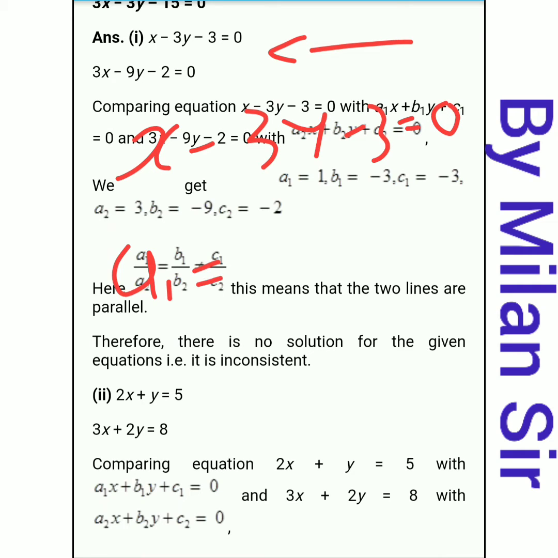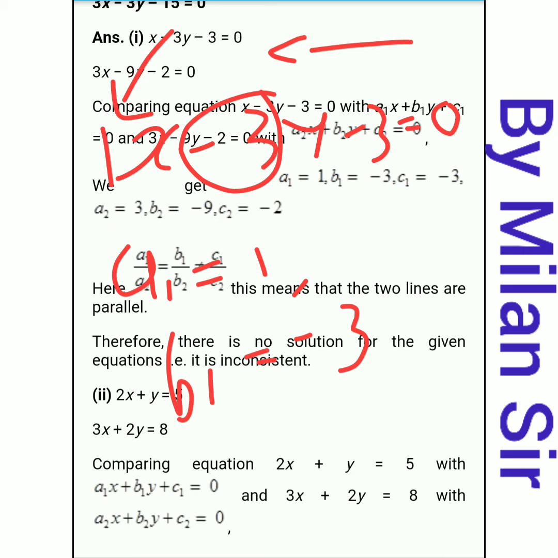Here a1, the coefficient of x, nothing is present, that's why 1. Then b1, the coefficient of y, is equal to minus 3. And c1, the constant term, is equal to minus 3.